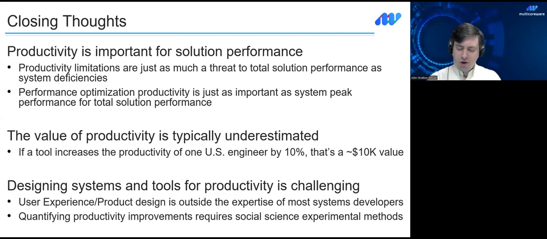I don't know that I should say too much about that right now. I will say that if you're just looking at CPUs, they have an inherent disadvantage compared to GPUs and other accelerators in terms of peak performance.